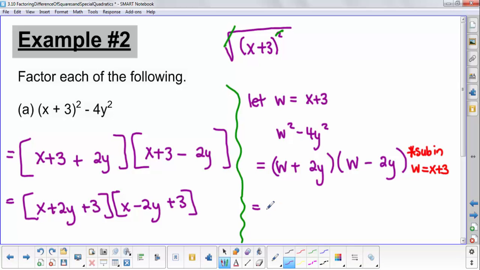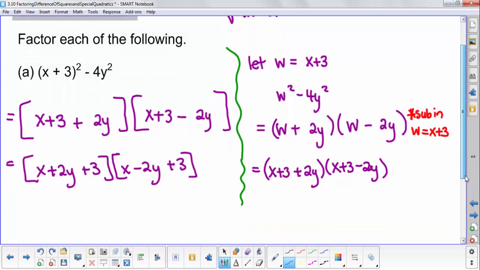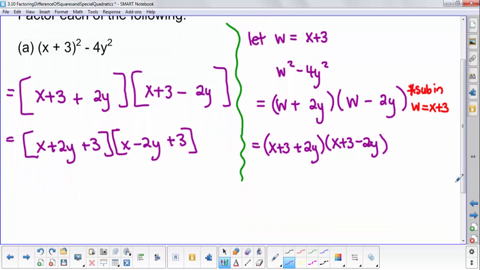Wherever you see a w, you're actually going to write the original x plus 3. And in both cases, you get the same answer. So whichever method you're more comfortable with is the one that you should go with.